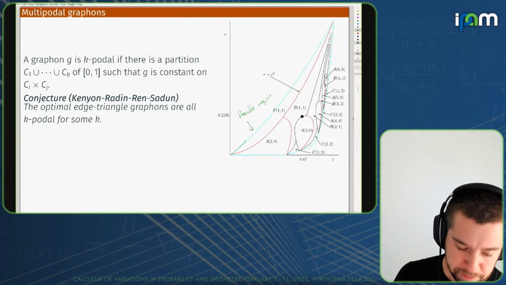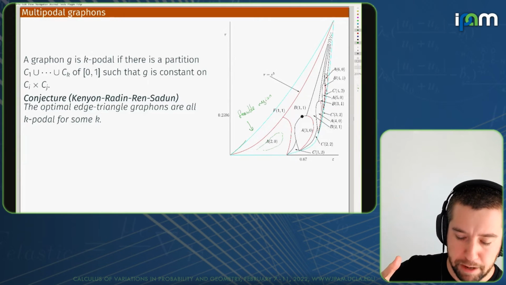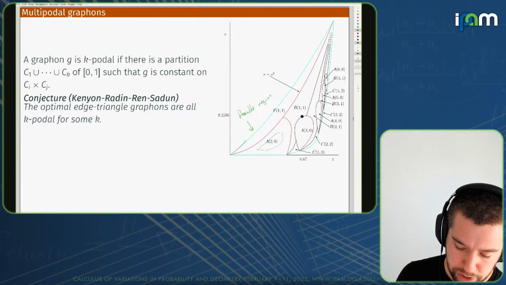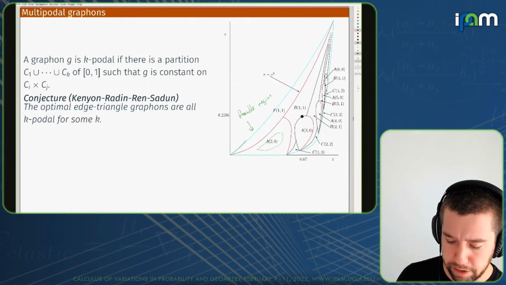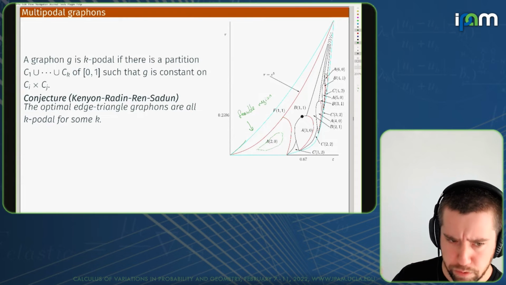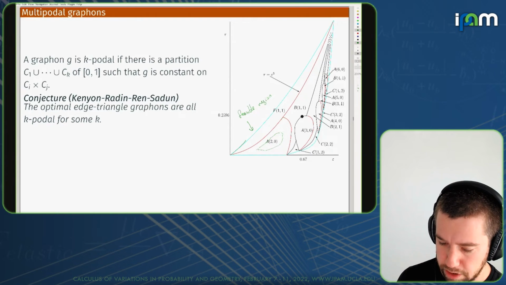So in each connected region here, there is a sort of analytic family of graphons which are optimal, all k-podal, and there are phase transitions, where you transition from one optimal kind of graphon to another at these boundaries. The color coding of the boundaries has to do with whether it's a continuous or a discontinuous transition.